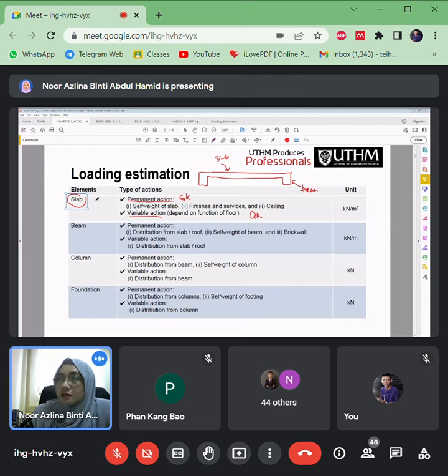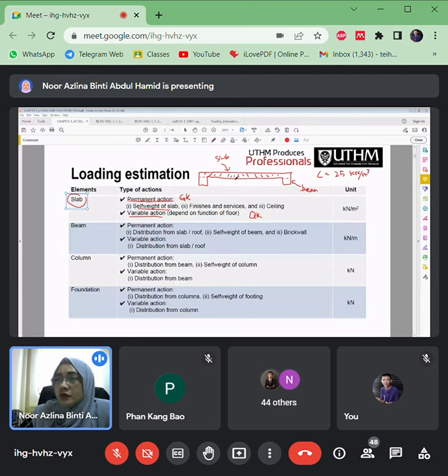So the types of actions for the slab here, of course, it has its own self weight. What is the slab made of? Is it concrete or steel or timber? Each material has its own unit weight. Let's say for concrete, the unit weight of concrete is 25 kilonewton per cubic meter.